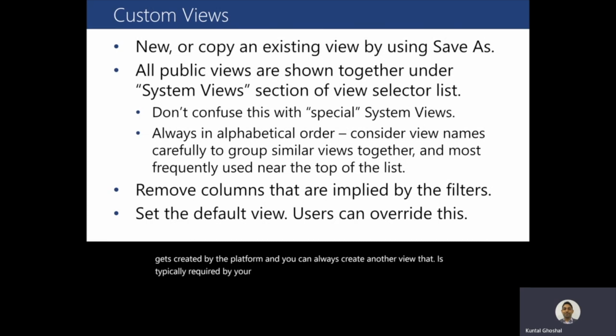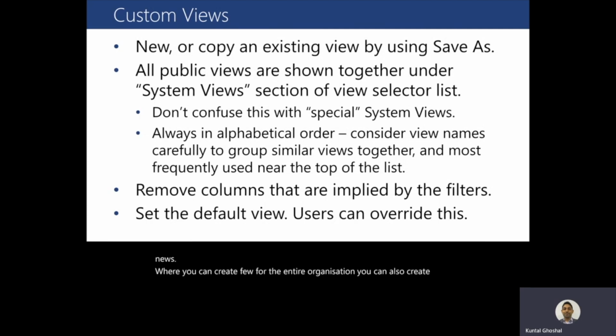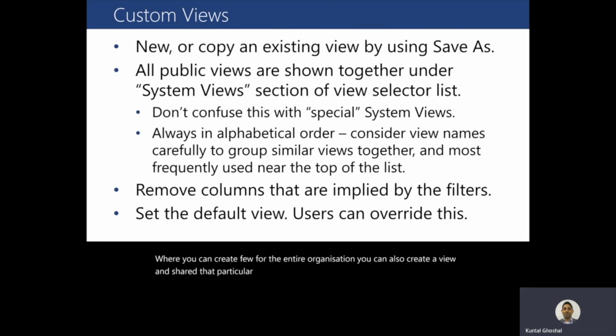You can create a view only for your own use, or you can create a view for the entire organization. You can also create a view and share it with a specific set of users, groups, or teams within your organization. These views are always displayed in alphabetical order.